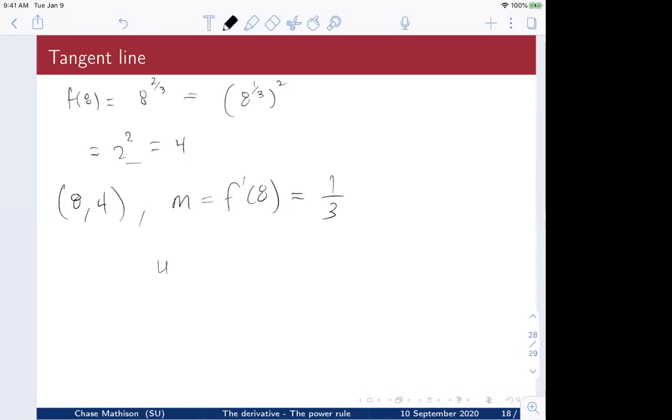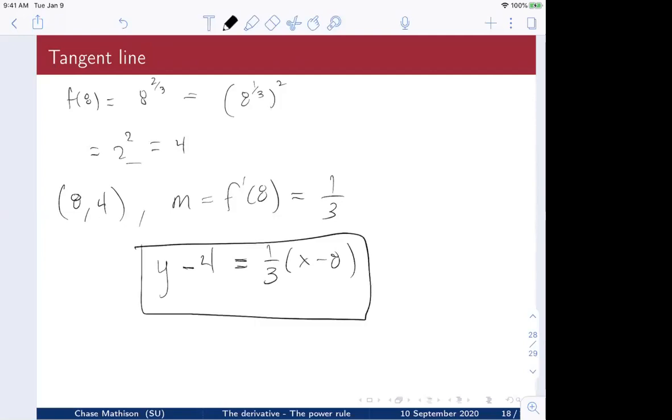The line, so I'm definitely going to have a y minus 4 equals 1/3 times x minus 8. Perfect. And you can just leave your answer in this form if you want. I always just leave my answer in this form.